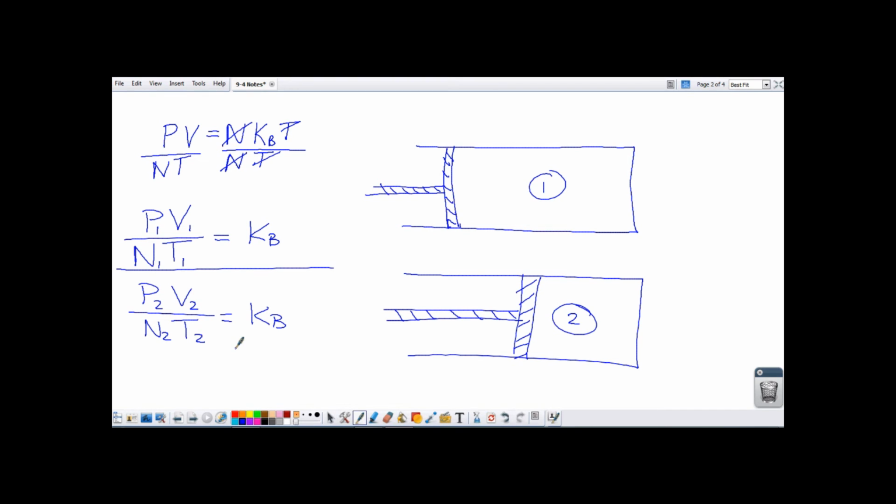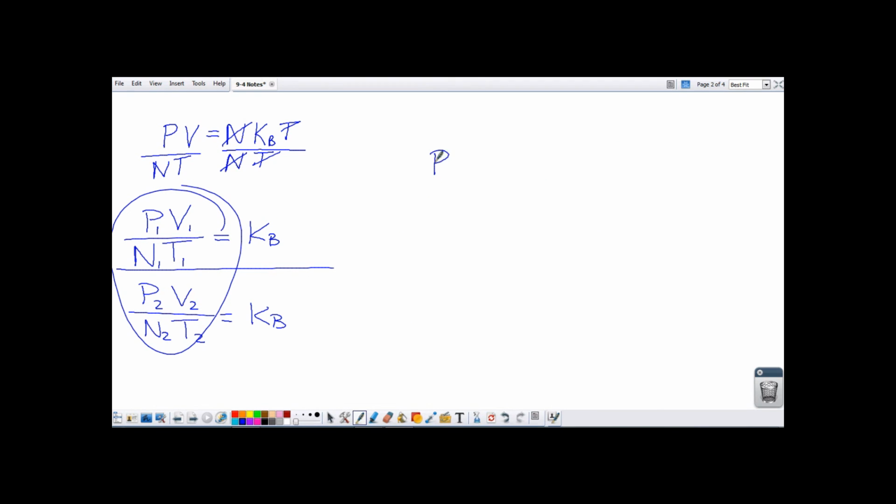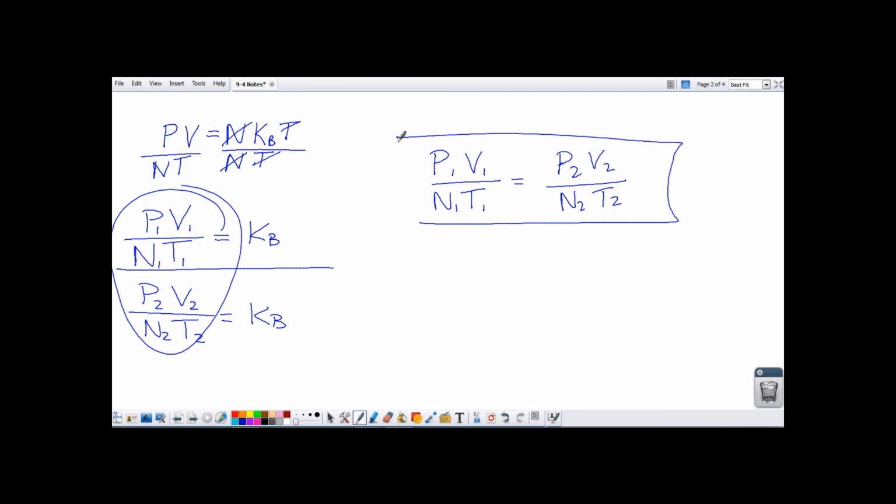If you remember the transitive property, if A equals B and B equals C, then A equals C. So we're going to use the transitive property of equality here to set these two equal to each other. I have pressure 1 times volume 1 over the number of molecules in situation 1 times temperature 1 is equal to pressure 2 times volume 2 over the number of molecules in situation 2 times temperature 2. And this is a much more useful equation for us.